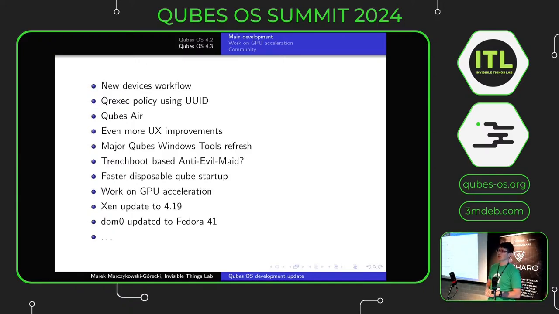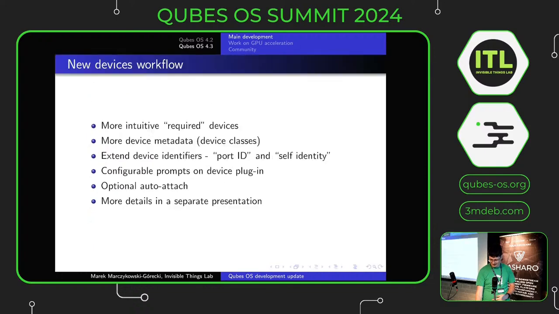There are some Qrexec improvements. There is something about Qubes Air also in a moment. So there are a lot of things, and as usual, updating the Xen version and dom0 to a more recent distribution.